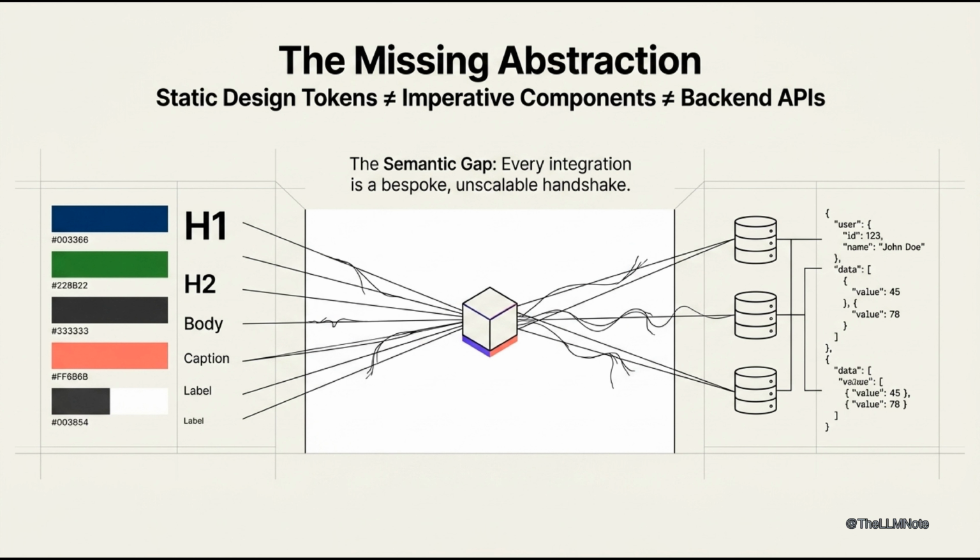Backend APIs expose data shaped for the server, forcing front-end engineers to manually bridge the semantic gap. Every integration becomes a bespoke, fragile handshake, unscalable, untestable, and the root cause of constant drift. Without a shared schema, complexity scales linearly while team capacity flatlines.